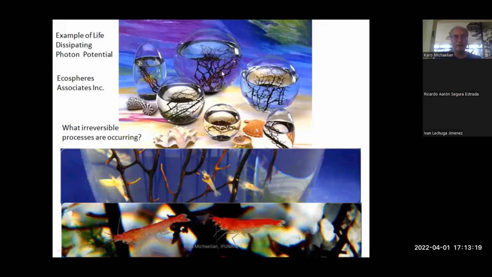So I see these ecospheres, which are still alive after 10 or 11 years. You still see the shrimp swimming about without ever having to give them any food. So it would be a very good present for a young person also. They have a pet that they don't really have to take care of. Just make sure that the temperature doesn't change too much and that the system is receiving sunlight.